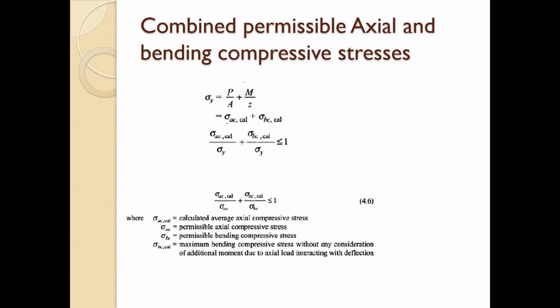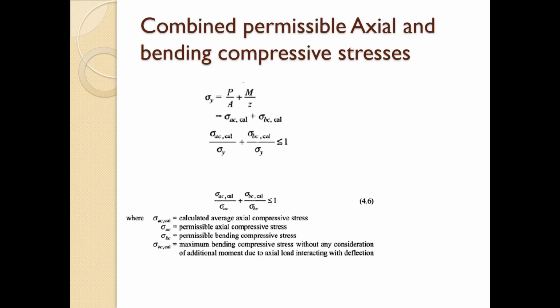So what we'll get is sigma AC calculated plus sigma BC calculated. That is axial compression, and this is compression due to bending. So we have to check that sigma AC calculated divided by sigma Y plus sigma BC calculated by sigma Y should be less than or equal to 1.